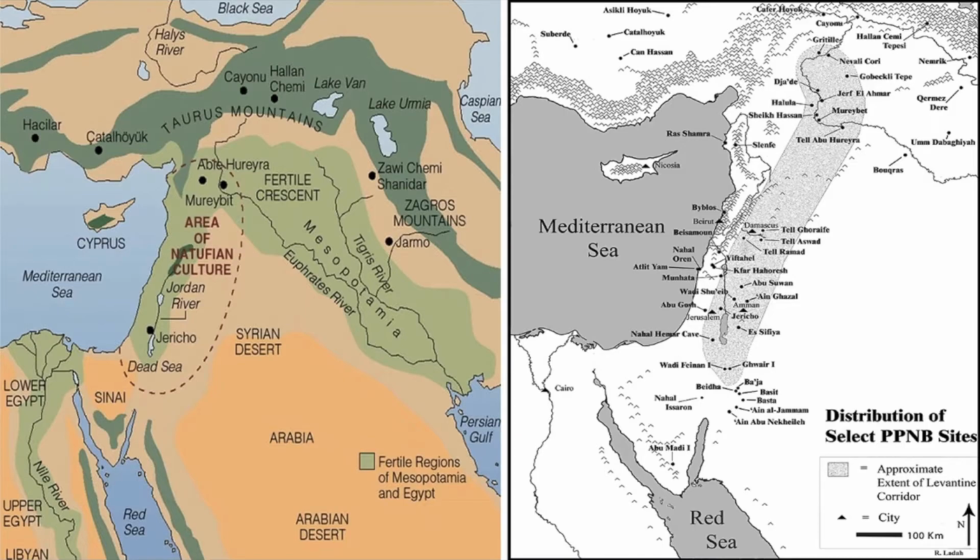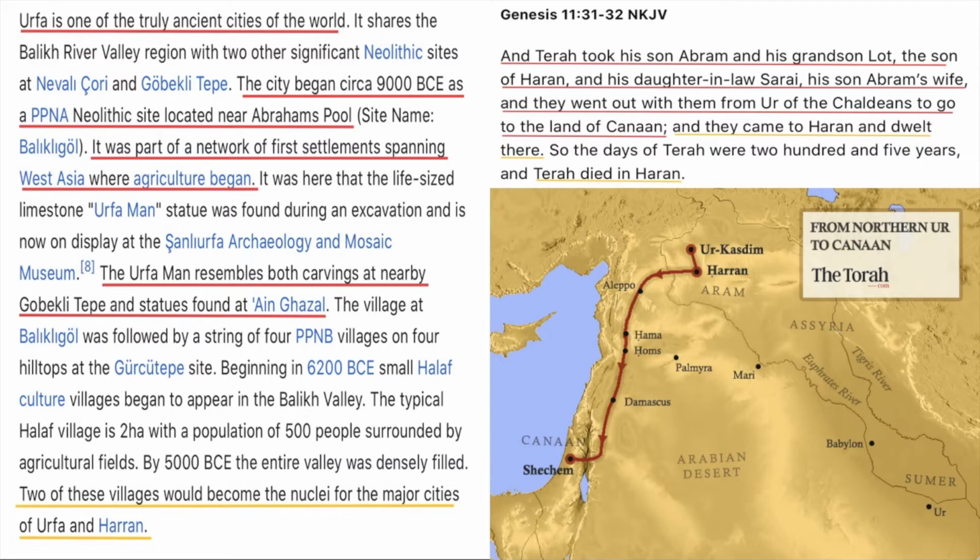Same thing with pre-pottery Neolithic B sites because it's pretty much the same people. And so the Urfa man resembles both carvings at nearby Göbekli Tepe and statues found at Ain Ghazal. Two of these villages have become the nucleus for the major cities of Ur and Haran.